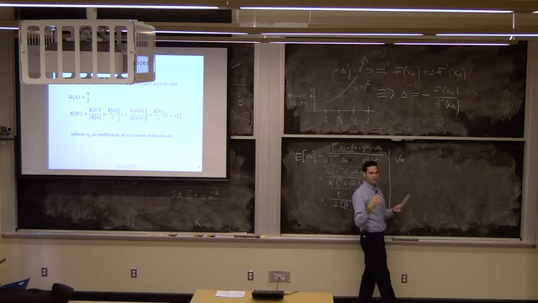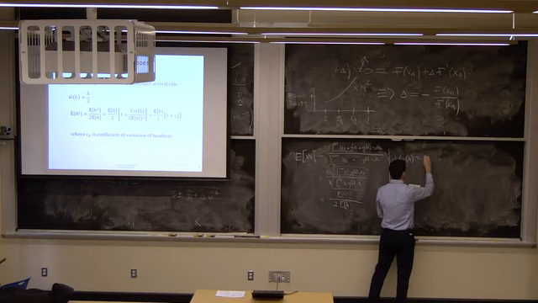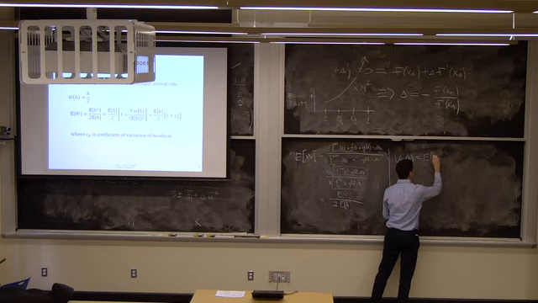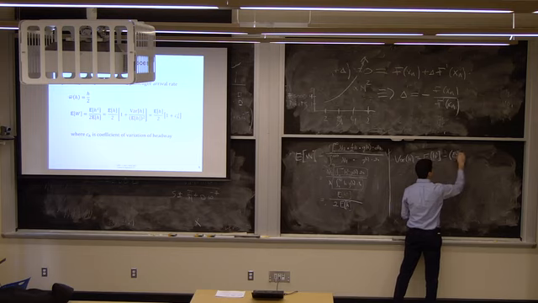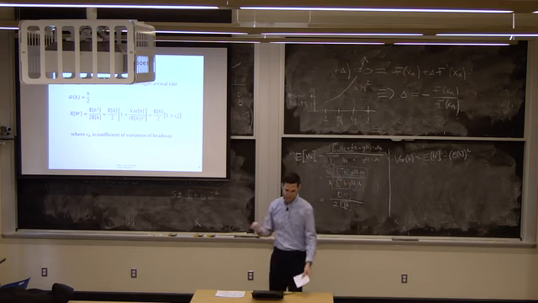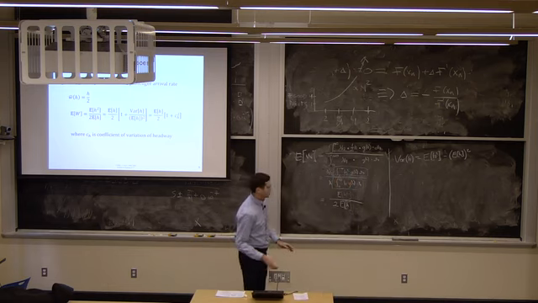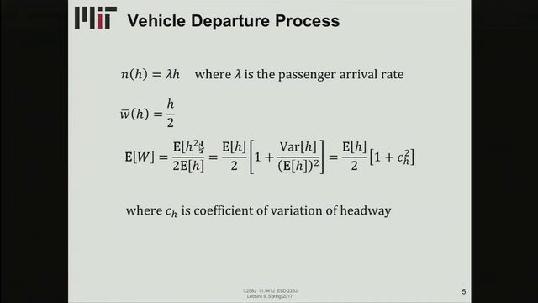You take the definition and you expand it and collect like terms, and then you get that the variance of h is the expectation of h squared minus the expectation of h quantity squared. So, right, means of squares minus squares of mean. You might have seen that before. So essentially, if we solve that equation for expectation of h squared and plug that in here, we can collect like terms and get this last equation.